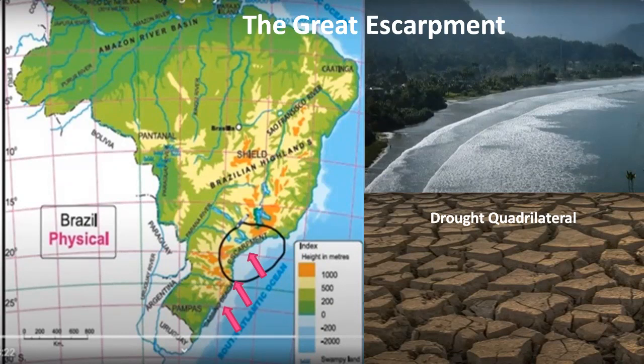Then these winds become dry when they cross over the escarpments. So the leeward side of the escarpment forms a rain shadow region in the northeastern part of Brazil. These regions in the northeastern parts are called the drought quadrilateral.